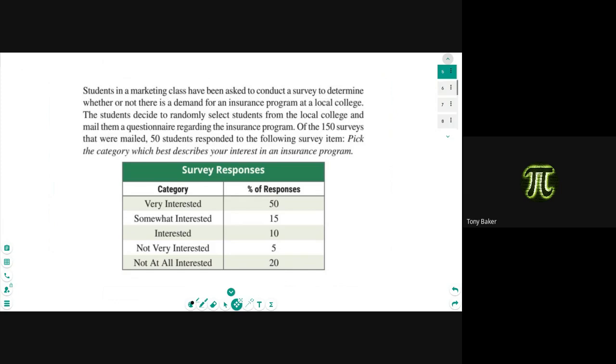So it's 65% of 33% that were interested in it. If you assume that the other 100 people weren't interested because they threw it away and didn't answer it, that gives you a lot different survey result, right? So would these survey results be a good representation of the student body?